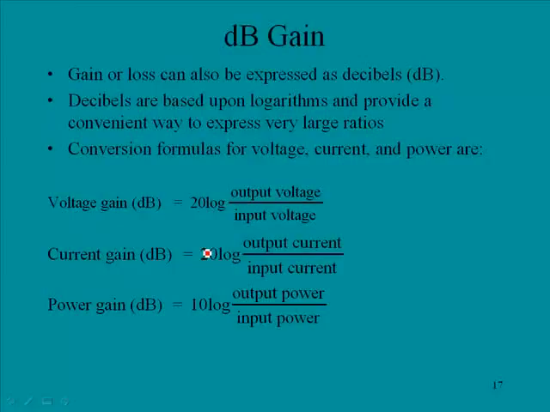Conversion formulas for voltage, current, and power are. And so here we have the conversion to decibels for voltage, current, and power. Now you'll notice here for voltage we're going to take 20 log of the output over the input.